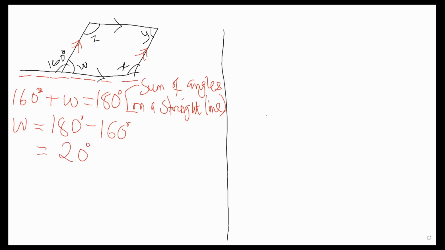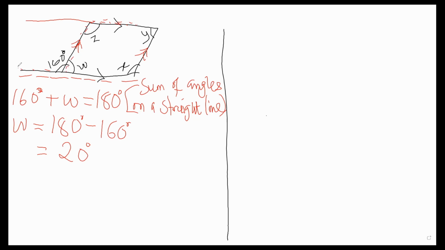Now let's proceed to find the value of X. The value of X is going to be equal to, now we can apply two things. The first one is we can try to complete this line here. If we complete this line, we are going to be having a Z angle. So this angle here is forming a Z angle.